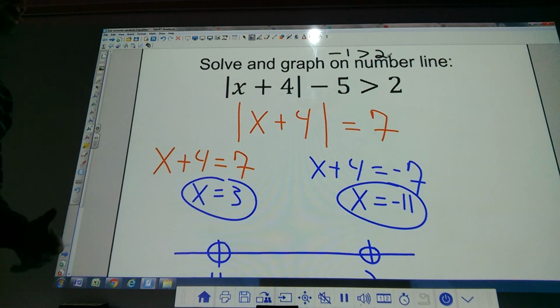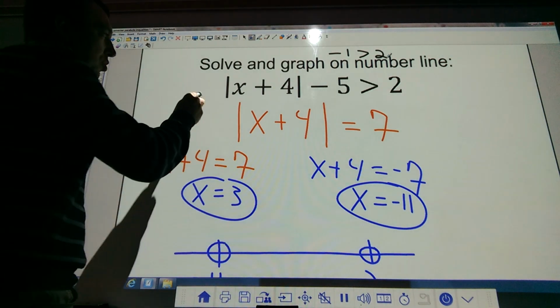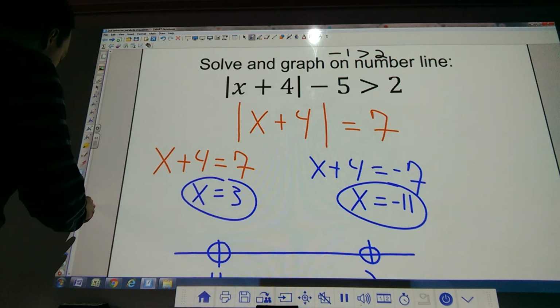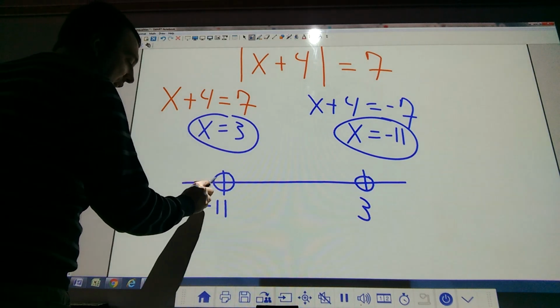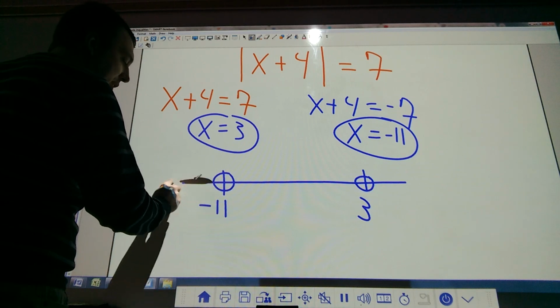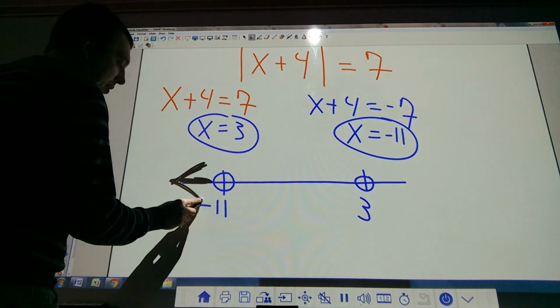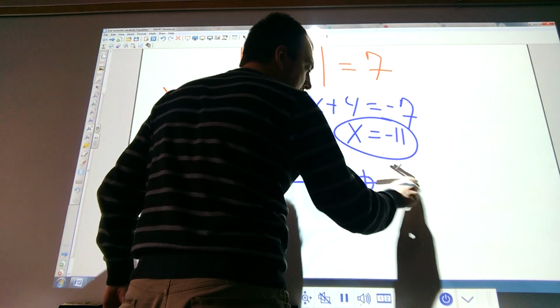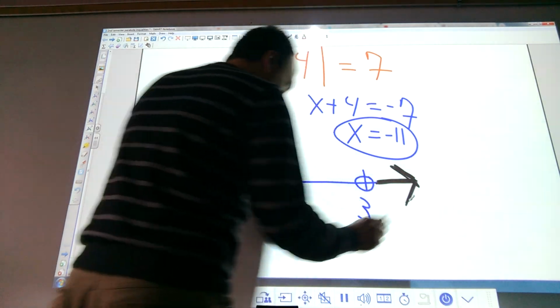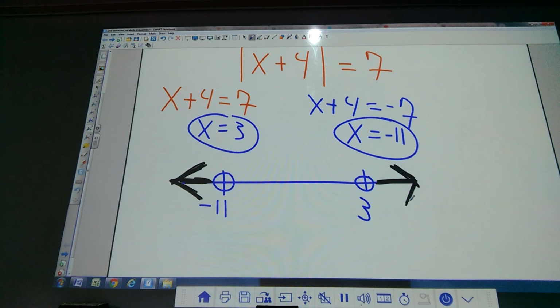No. Negative 1 is not bigger. So 0 does not work. So my answer is going to be not in the middle where 0 is, but on the outside. So that's what we did last week. A beautiful, good review. And now we'll move on to other stuff.